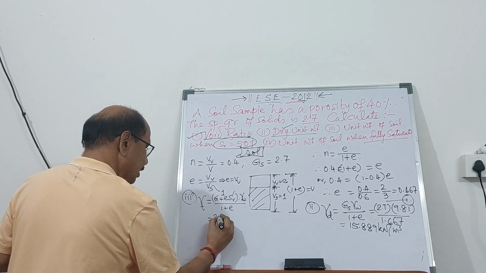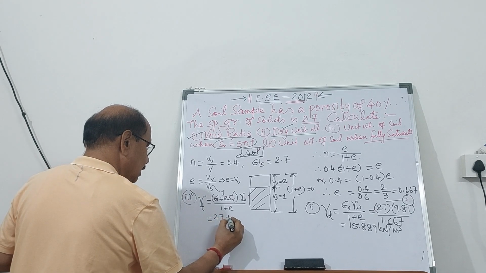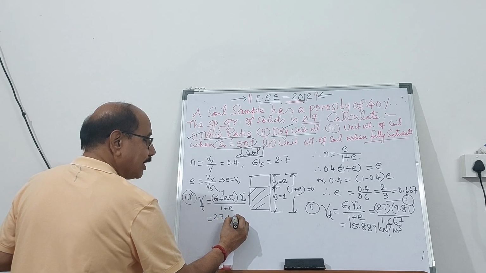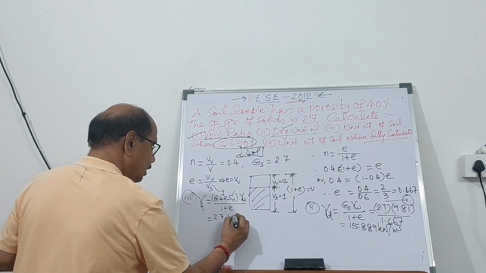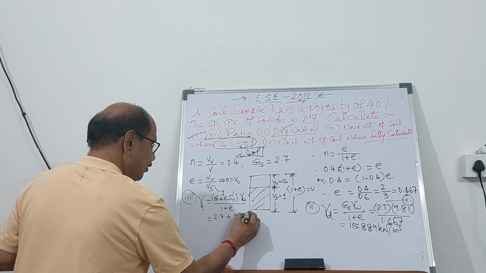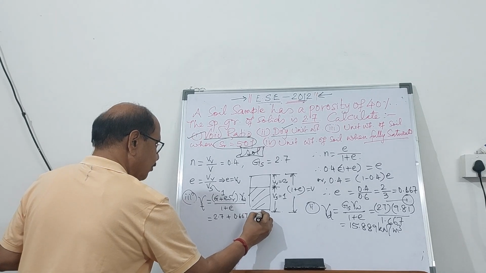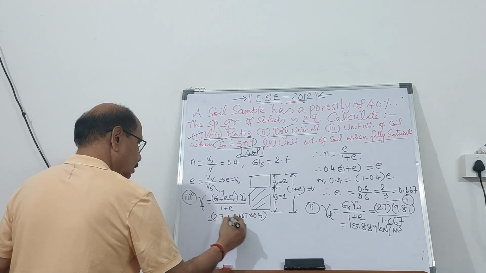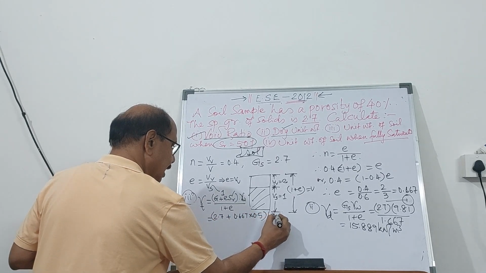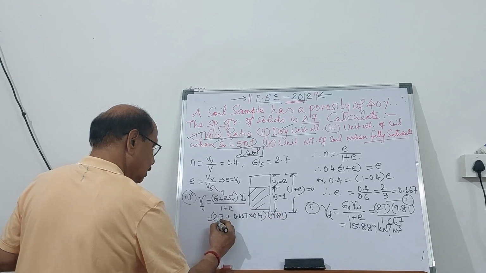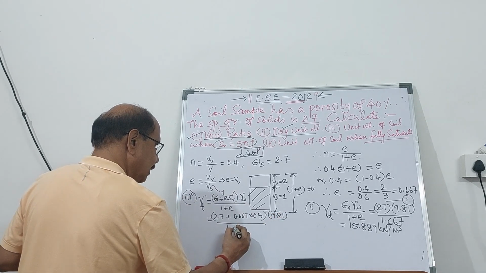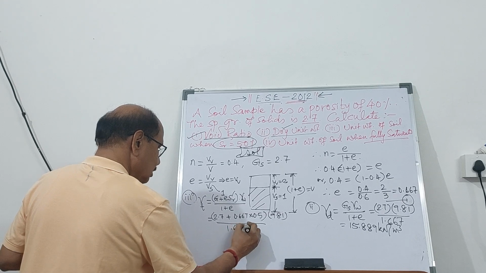So 2.7 plus void ratio we have calculated as 0.667 into 0.5, multiplied by 9.81 divided by 1.667.